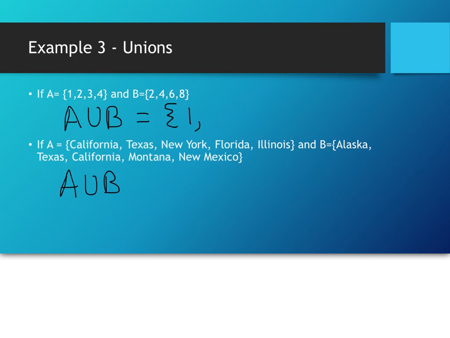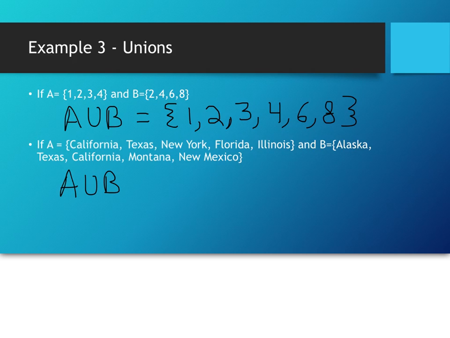So it is in the union because it does occur in A and it does occur in B, but you don't have to write it twice. Since this is a set, we don't repeat entries. So A union B is 1, 2, 3, 4, 6, and 8.